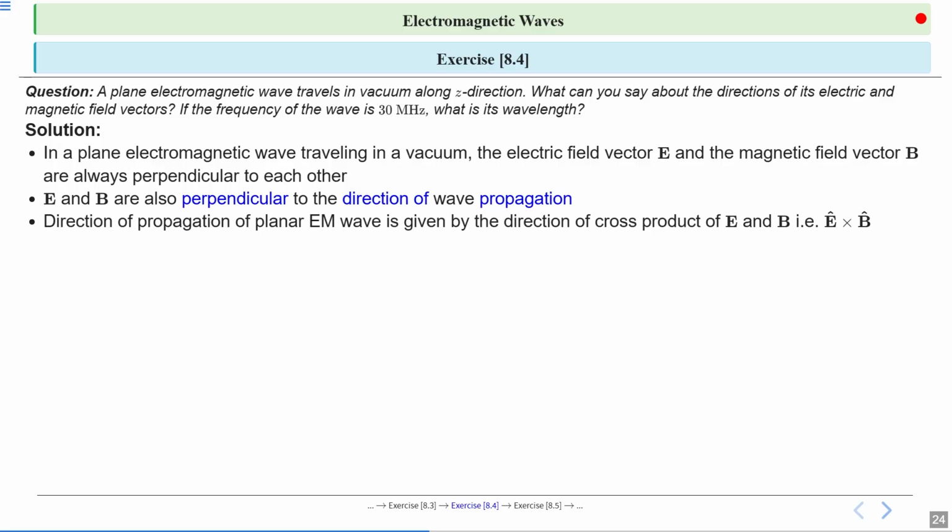Direction of propagation of planar EM wave is given by the direction of cross product. So we have also discussed that direction. How can we find the direction of propagation? Directions of electric field and magnetic field. Okay.